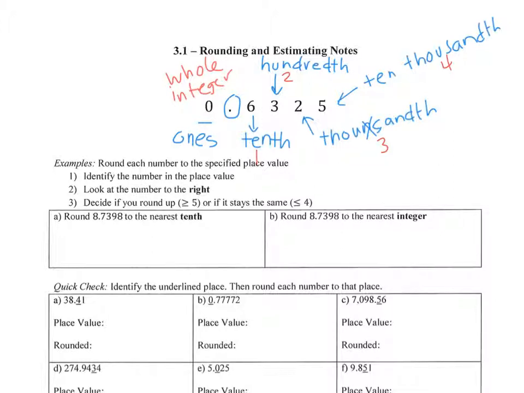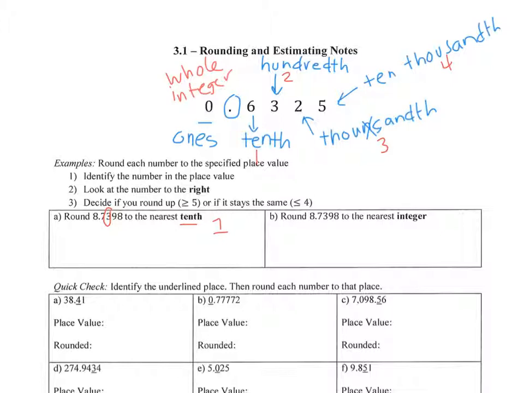So for A, if it says round 8.7398 to the nearest tenth, that means we want 1 decimal. So in order to round it to 1 decimal, you actually need to look at the number to the right of the 7, which is the 3.